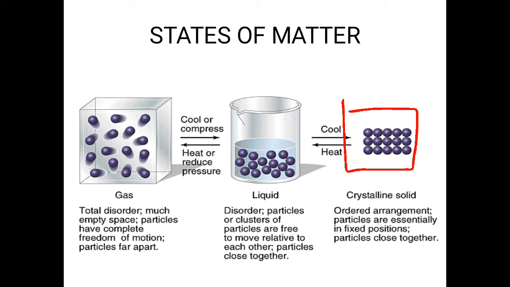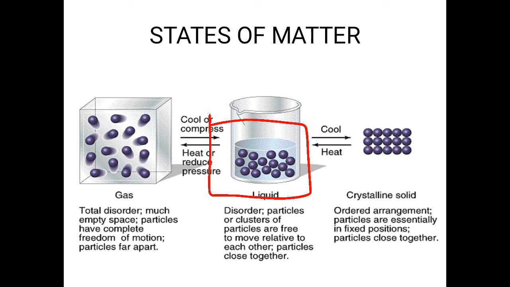But when the matter is present in the liquid state, the particles seem a bit relaxed, meaning they are able to move here and there and flow over one another. They can slide over one another, meaning the particles of the liquid phase are at some distance and can move relative to each other. Particles are close enough, but not as tightly packed as in the solid state.